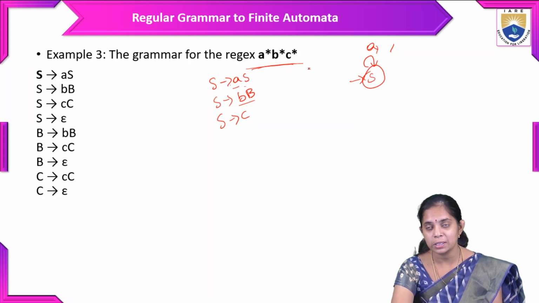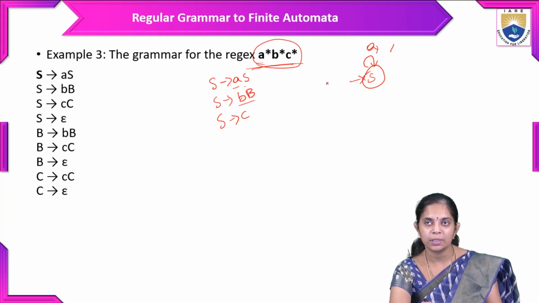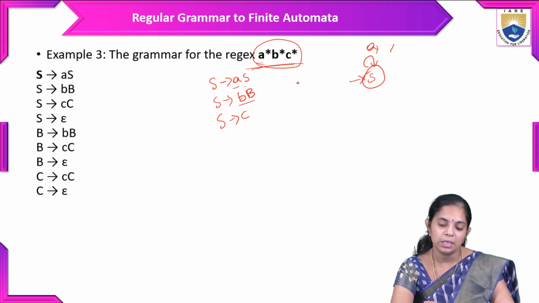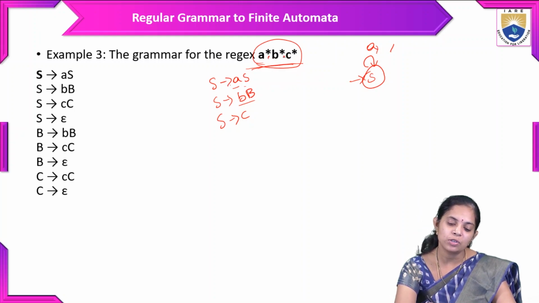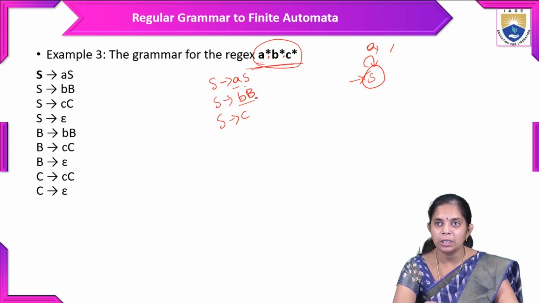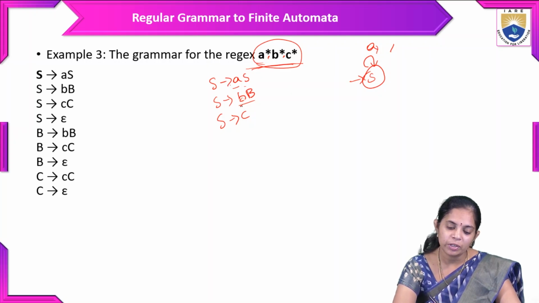Whether it is of length 3 or 2, whatever it is, we need to represent it there. There is one more concatenation operation, so we need more states to represent this concatenation. When we give B as an input symbol, it reaches the state B. And when we have the input symbol C, we need to represent it with another state.